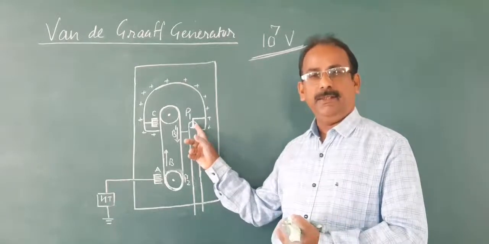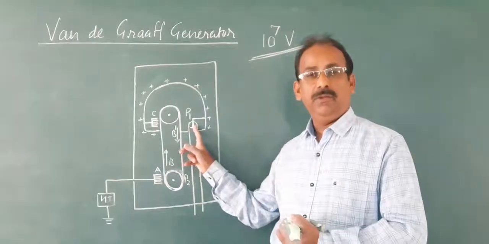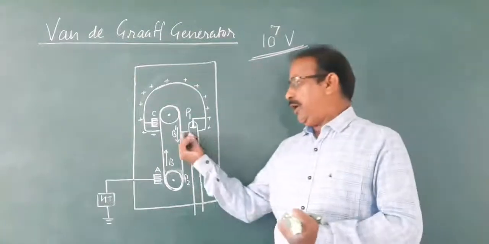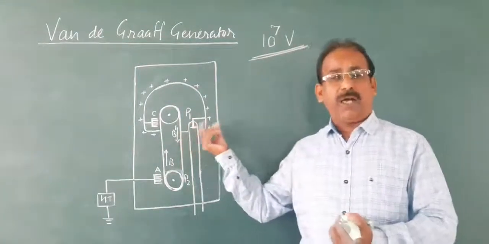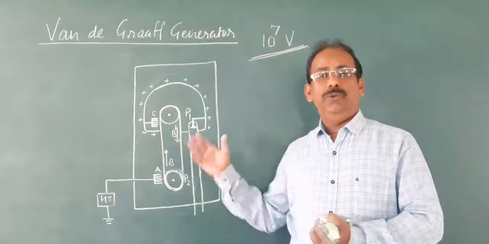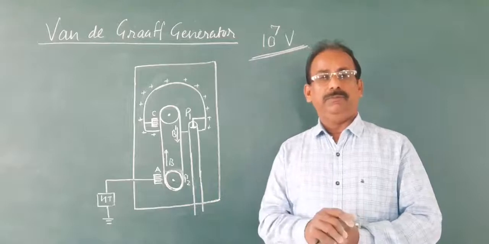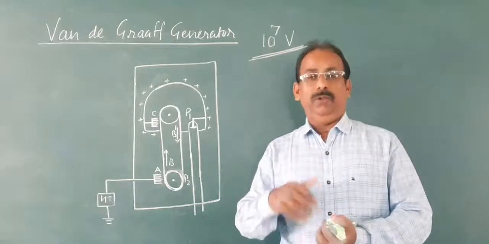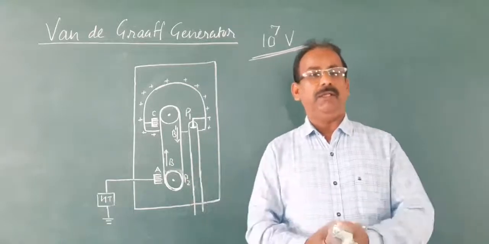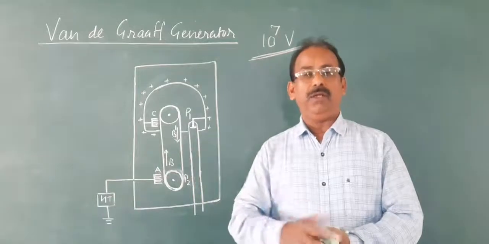Here 10 raised to power 7 volts of potential is present. We can use this high potential at this electrode to ionize the charged particle and give more kinetic energy to that charged particle, which we use in nuclear reactions.